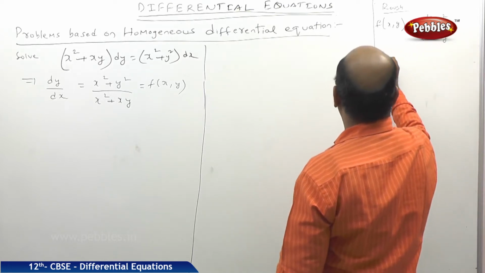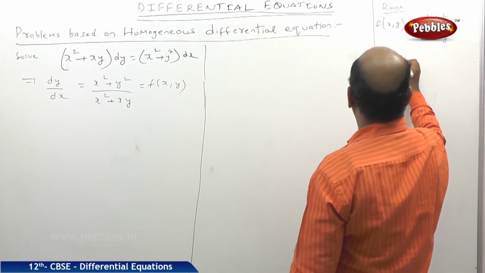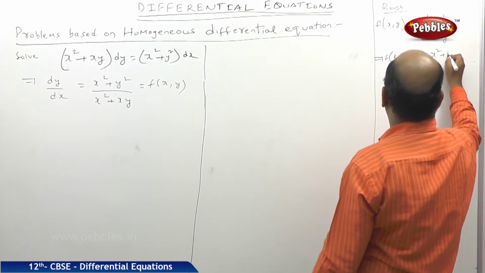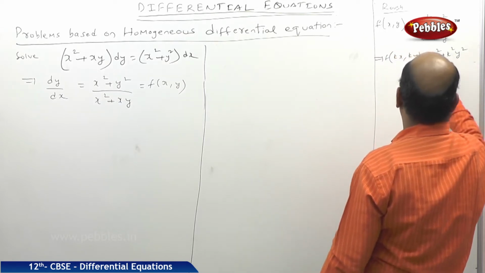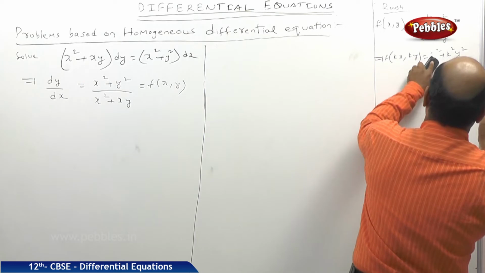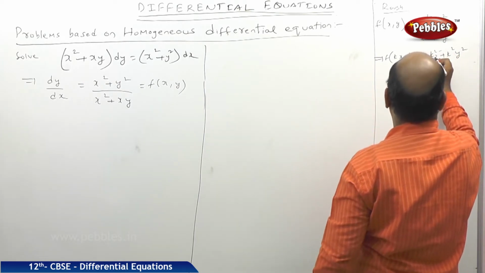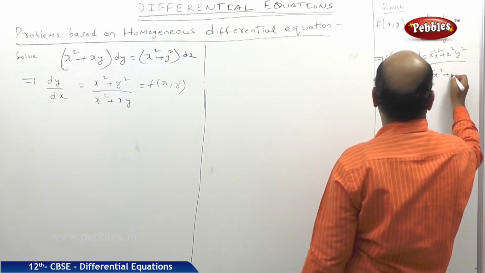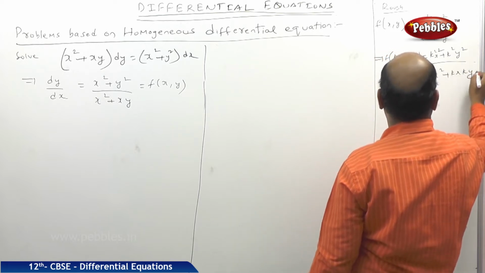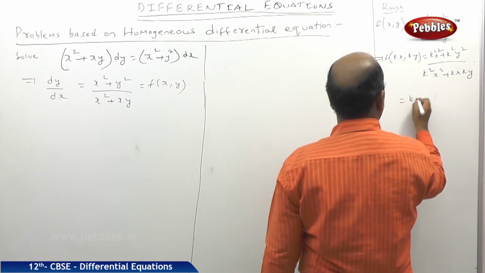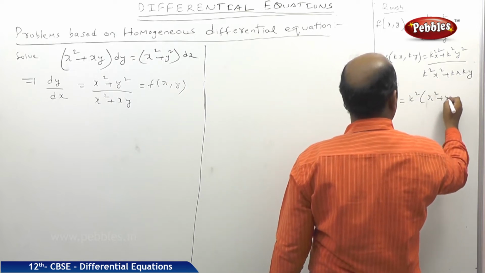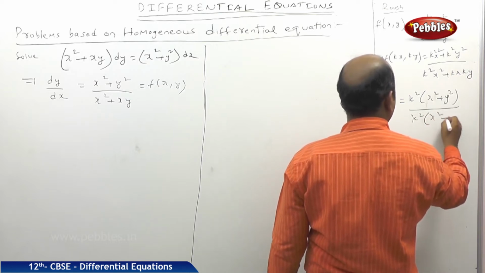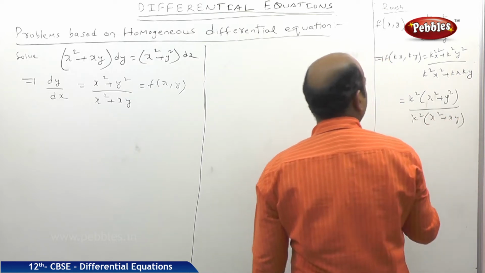In place of x I need to put kx, in place of y I need to put ky. So we get k square x square plus k square y square, divided by k square x square plus kx into ky. K square is common in the numerator and k square is common in the denominator.